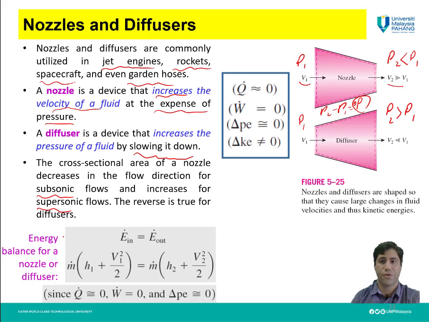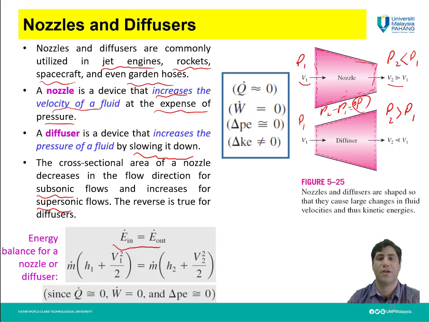And if we want to find the energy balance for this control volume in a nozzle and diffuser, we have flow to the nozzle, then flow from the nozzle. Then we can select the fluid inside the nozzle or diffuser as our control volume. Then we can write the energy balance for our control volume.